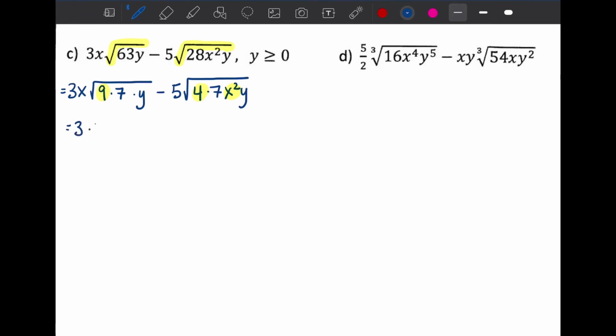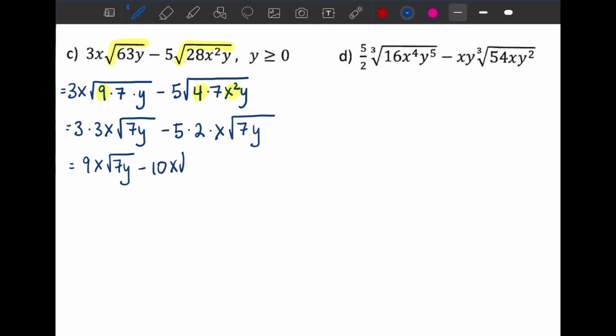We have 3 times 3x, and the radical 7y. We have 5 times 2 times x, and then inside the radical we have 7y left over. We can simplify by multiplying the coefficients together, keep the radical portion, and then we can confirm that we have the like radicals.